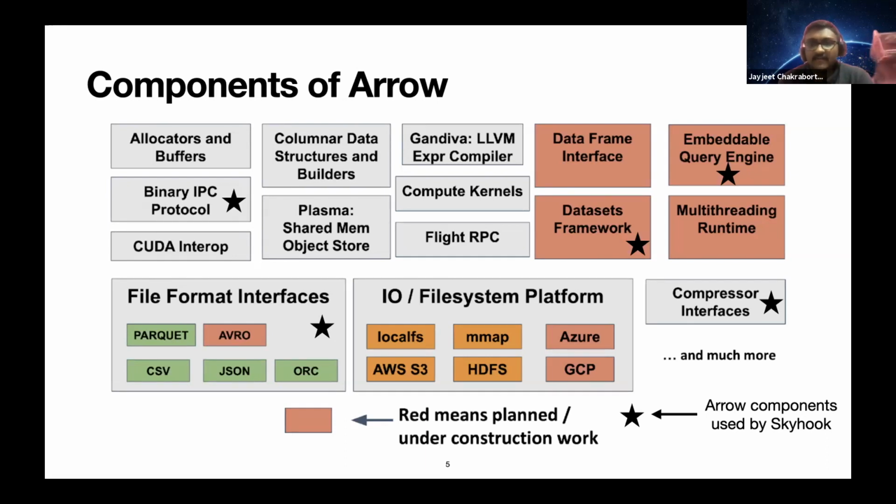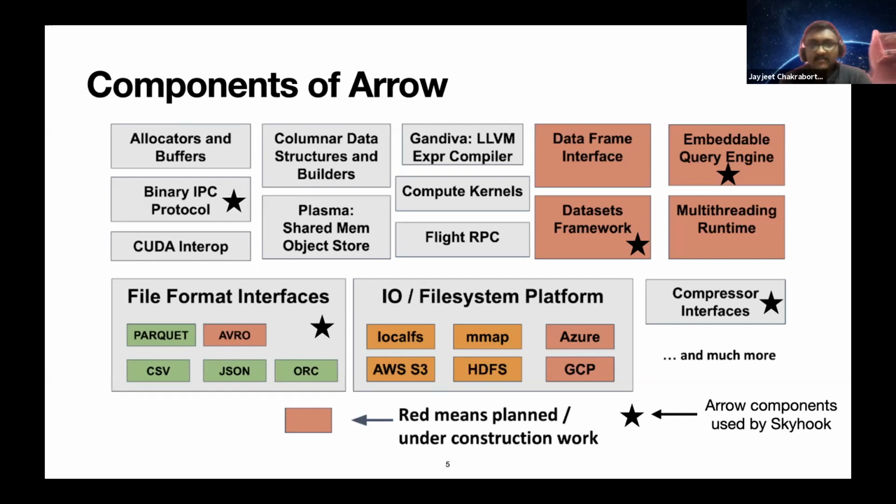Also a datasets framework that allows encapsulating a directory of files and running queries against it, like selectivity and projection queries. It also has a file format module that allows reading different file formats, and many such things, which are the building blocks of any query processing system you would find in today's world.